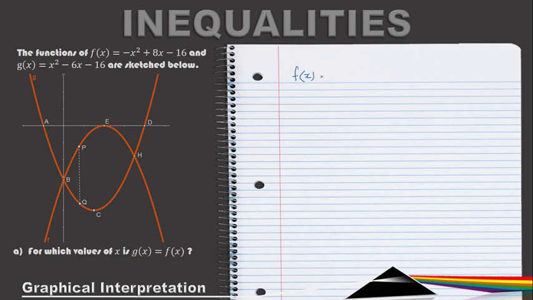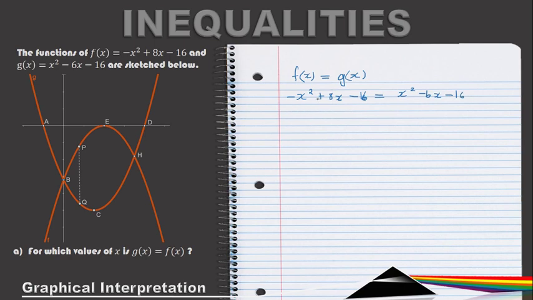We say, where is f(x) equal to g(x), and we substitute in our functions. So minus x squared plus 8x minus 16 is equal to x squared minus 6x minus 16, and then we solve for x.